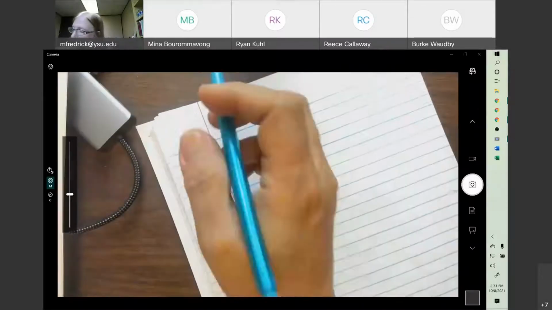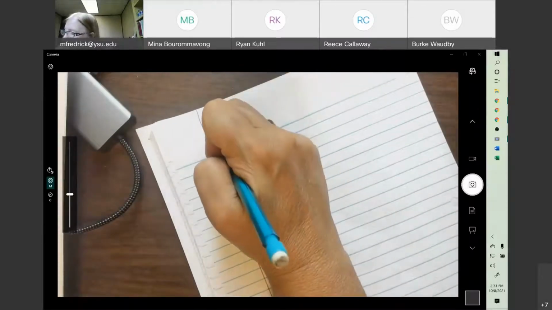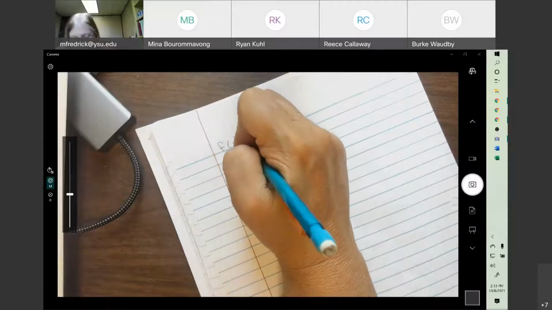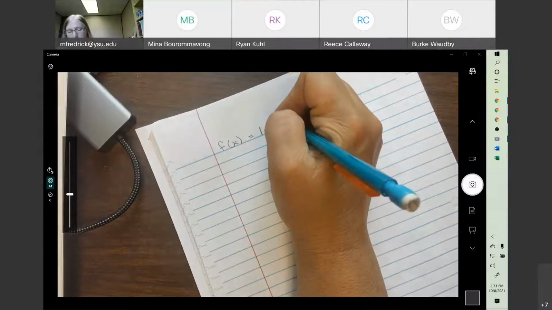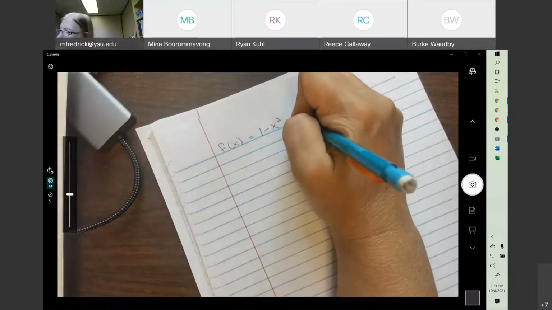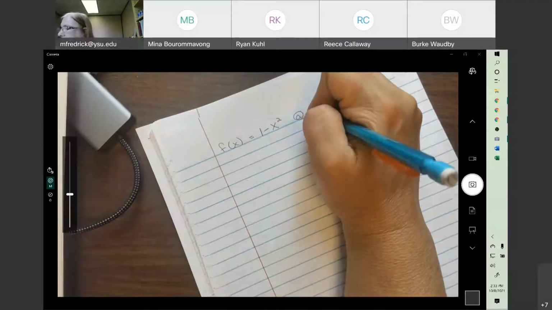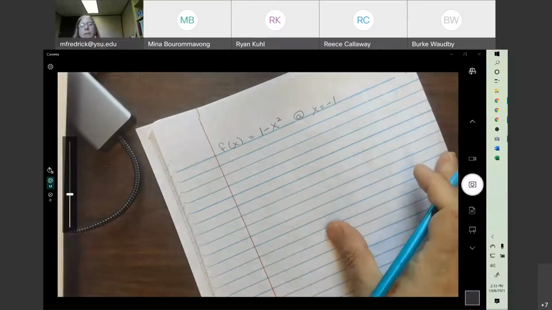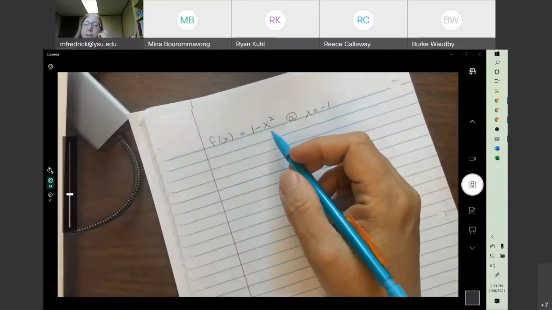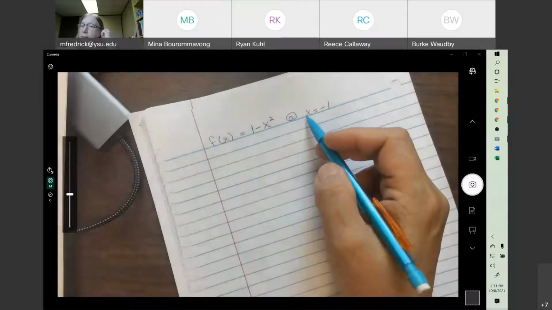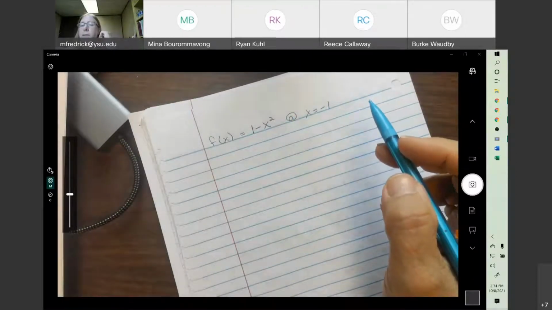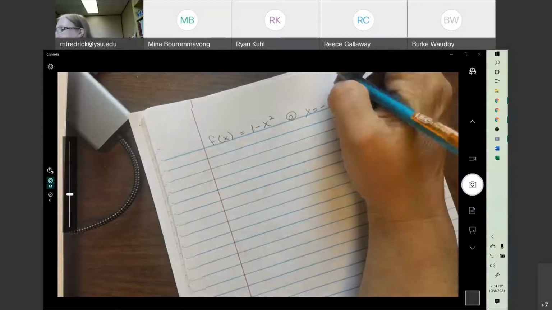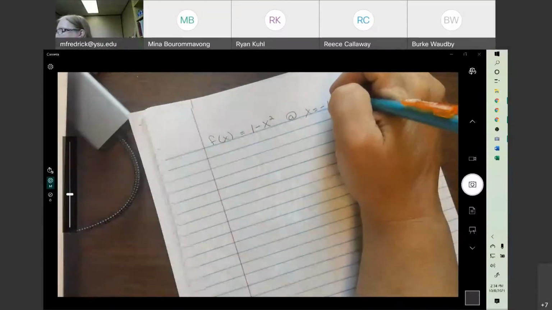Let's try another one. f of x equals 1 minus x squared at x equals negative 1. So let's find the instantaneous rate of change for this function at x equals negative 1. This is your a.